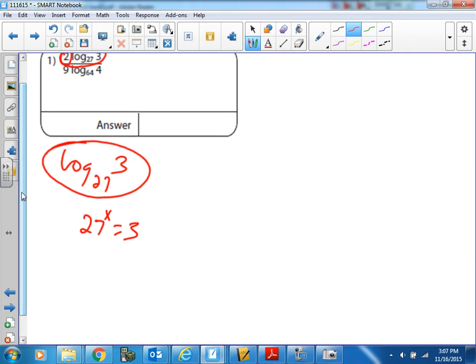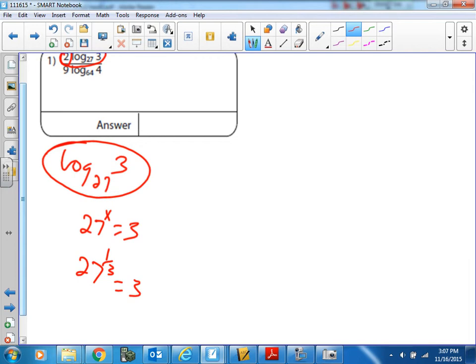In this case, that x has to be something that, when I raise 27 to this power, gives me 3. Well, if you were in class, hopefully you were, we talked about exponents that are fractions, and this one would actually be 27 to the 1/3, because the third root of 27 is equal to 3.